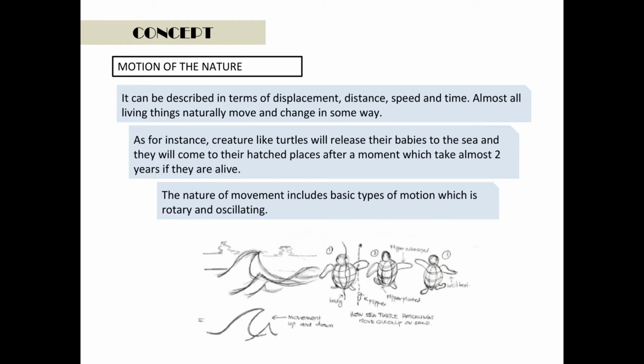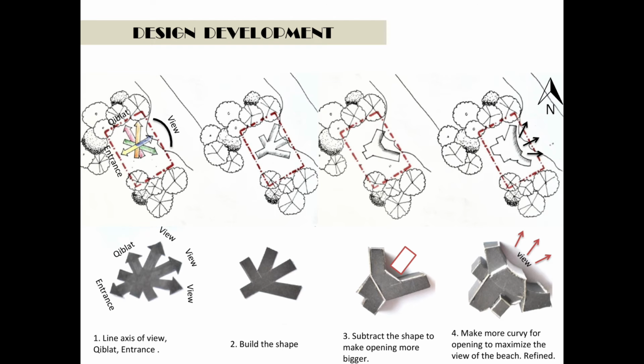The nature of movement includes basic types of motion, which are rotary and oscillating. Briefly, motion of nature can be defined as the movement of natural elements such as turtles, birds, waves, trees, and many more.